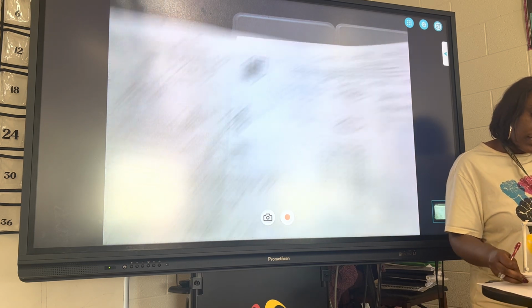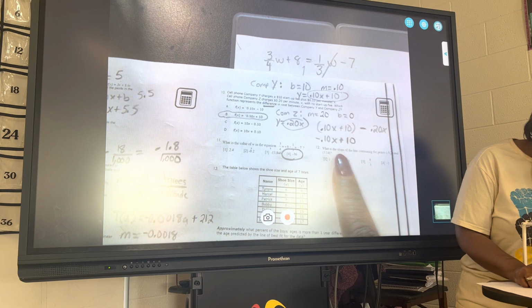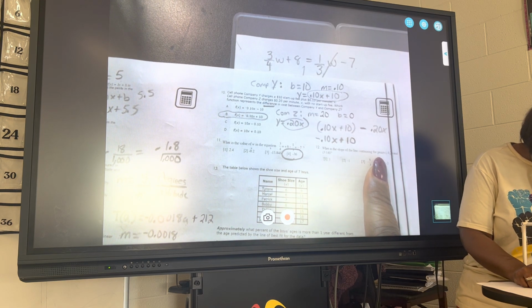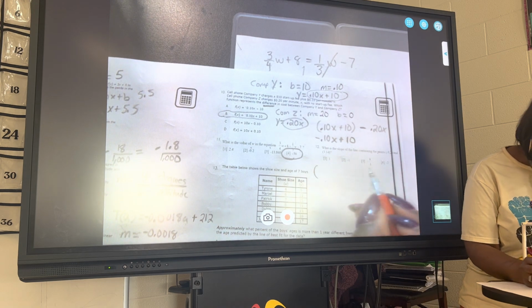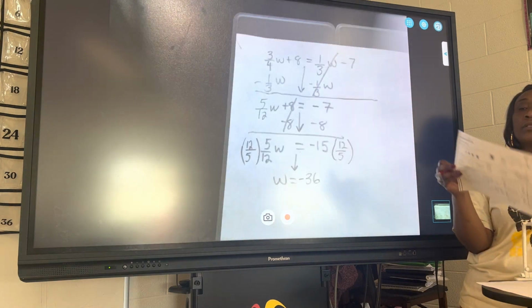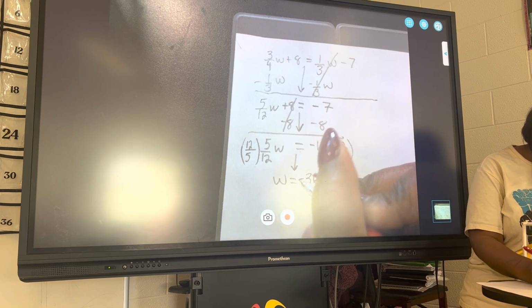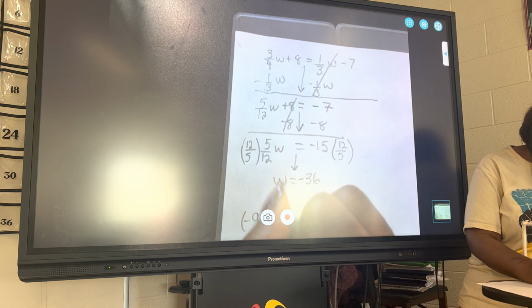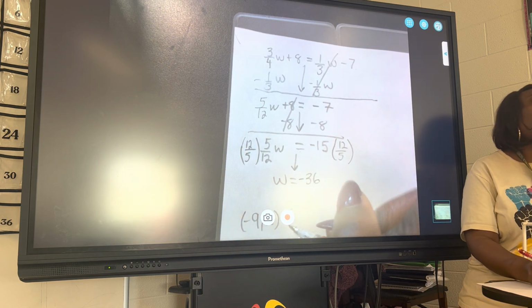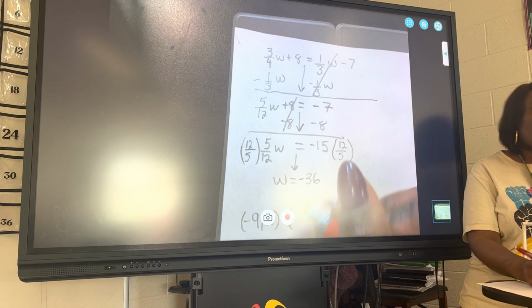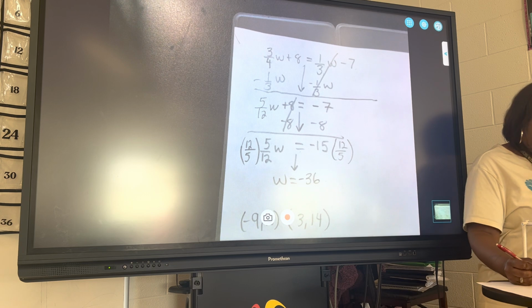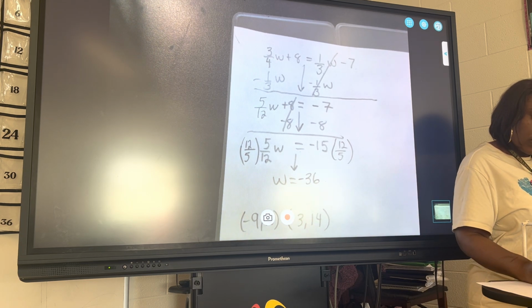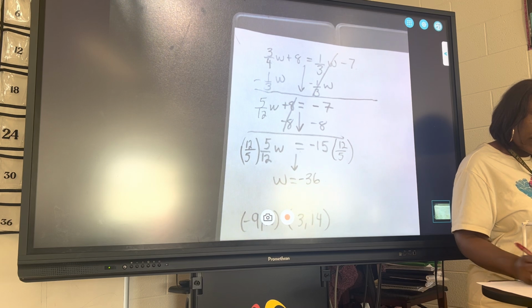So now we're finding the slope. It says, what is the slope of the line that contains, and they give you 2 points. The 2 points they give you, I can't even see that. -9, thank you. -9, comma 2, and what's the second point? 3, 14. Okay. So remember, when you're finding the slope, you use the slope formula, y2 minus y1 over x2 minus x1.